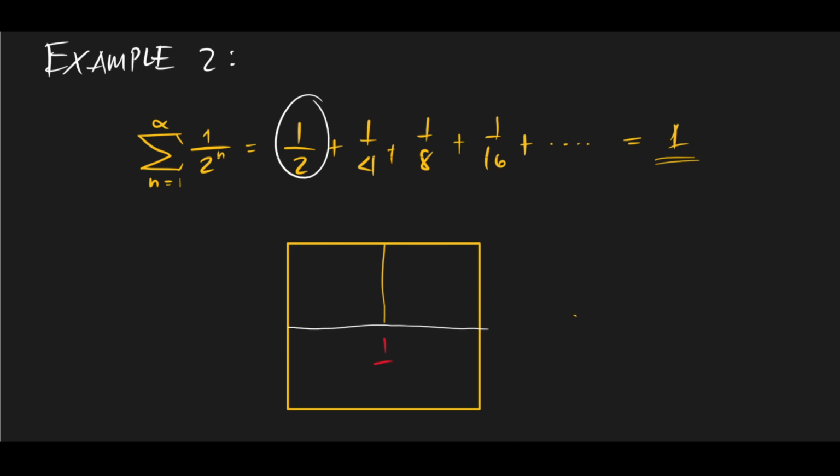We have our 1 half and our 1/4. Now we have our 1/8, and our 1/16, and so on and so forth until it becomes very minute, but ultimately it will sum up to 1. So that is the geometrical explanation for that.